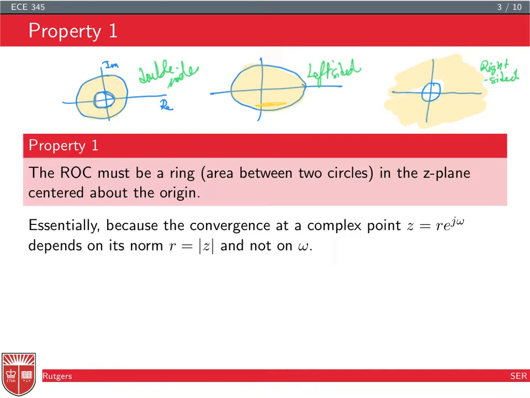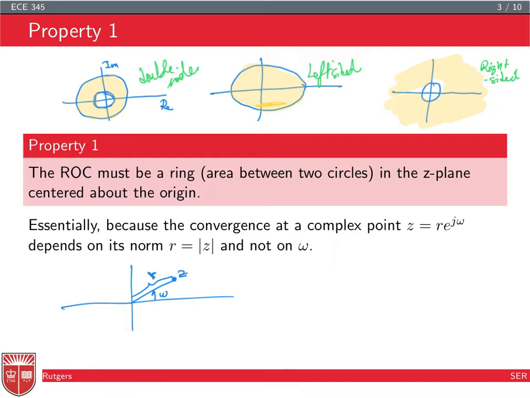I will not prove it, but you can find the proof in the book. Mainly, what it's saying is that for any point z in the complex plane, you can represent it by polar coordinates. So you have the angle omega and you have r, and this is saying that the convergence only depends on the norm r.